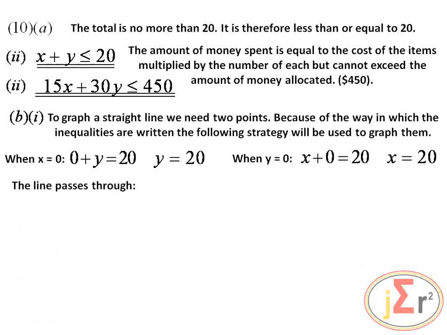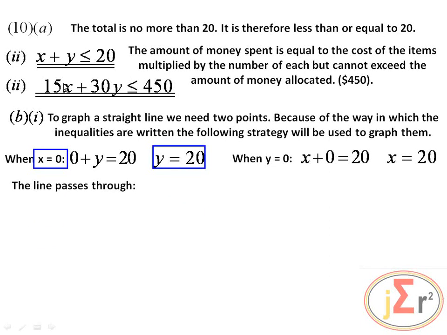The other is a bit straightforward also, but just has a little bit more twist to it, because for the first equation the coefficient of x is 1 and the coefficient of y is 1.